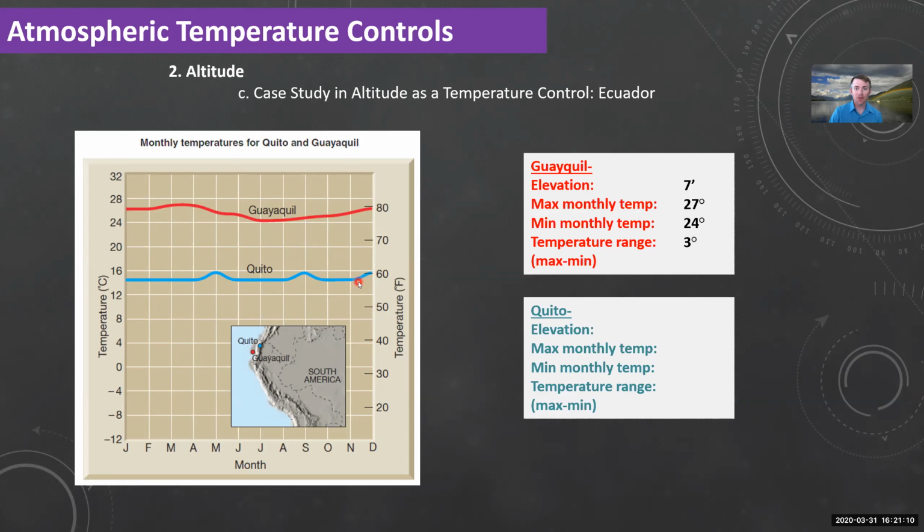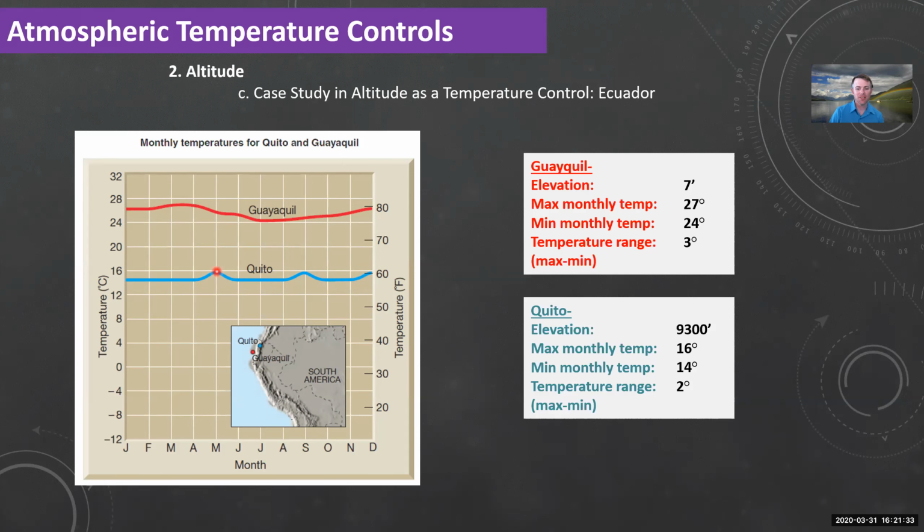Same thing is true of Quito. There's not much variation there. However, you notice the line is much cooler. So even though they're near the equator, they're at 9,300 feet up in the Andes. And so their maximum they ever get up to on average is about 16 degrees Celsius, which is 61 degrees Fahrenheit, and about 14 degrees for their lows.